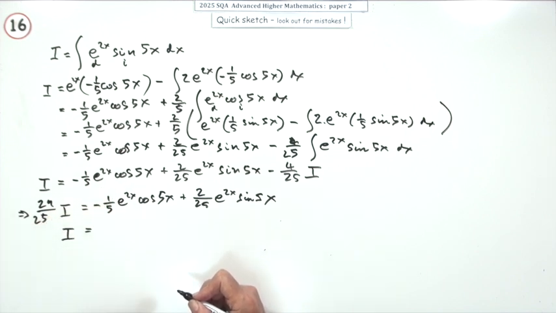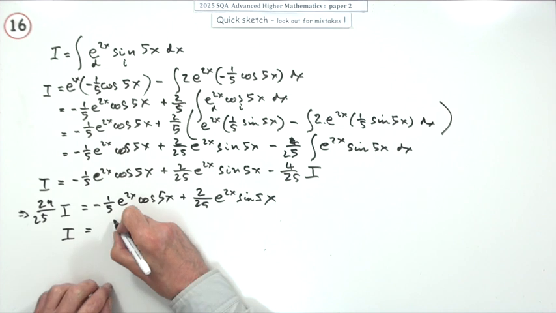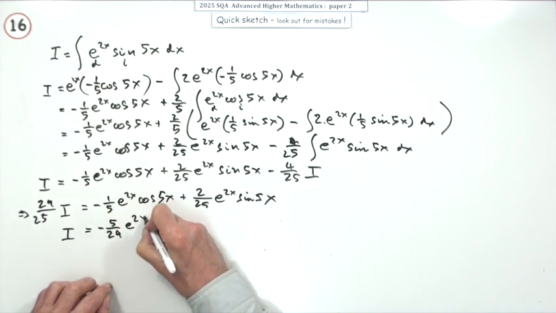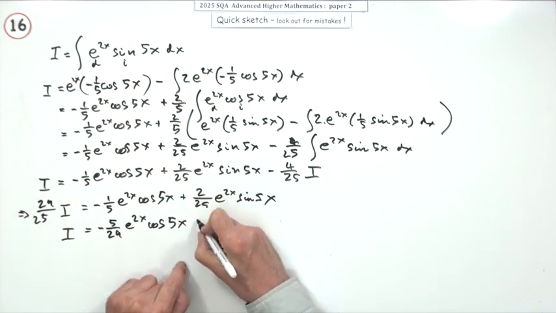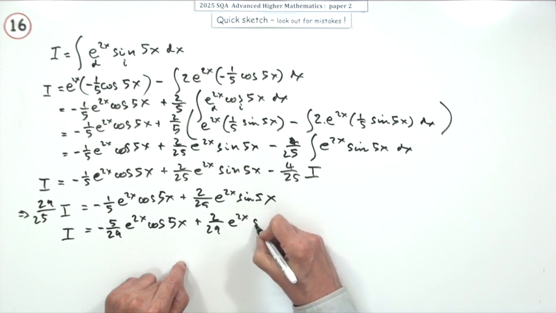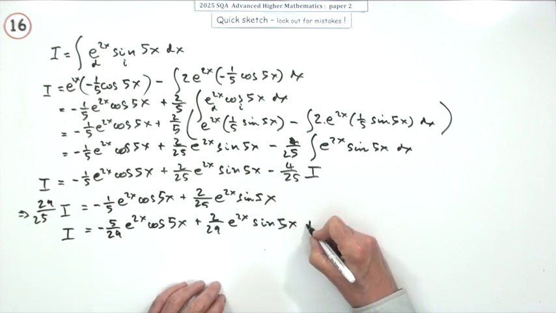So 25 multiplying there, that would cancel out and put a 5 on top with the 29 underneath. So negative 5 over 29 e to the 2x cos 5x. 25's cancel, so plus 2 over 29 e to the 2x sine 5x. Then I can put in my plus c.